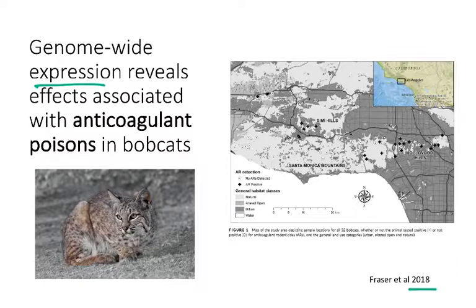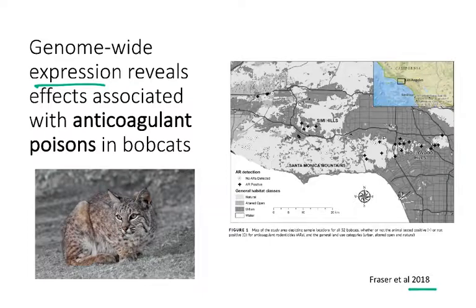So this is actually something I had never considered before, but a lot of people use these anticoagulant poisons for rodents, rats. What happens is those bobcats then eat those rats and essentially become secondarily poisoned. It's not lethal, so the bobcats end up surviving, but what this paper was looking at was some of the sublethal gene expression effects of these poisons on the bobcats.